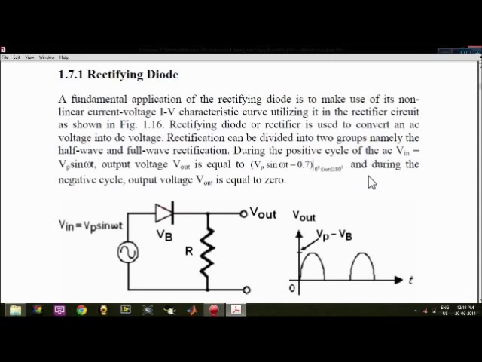These rectifier diodes are used to convert the AC voltages into DC voltages. In case of AC, we have the magnitude along with the change in the polarity, but after rectifying them we will have the same magnitude but the polarity will not be changed.